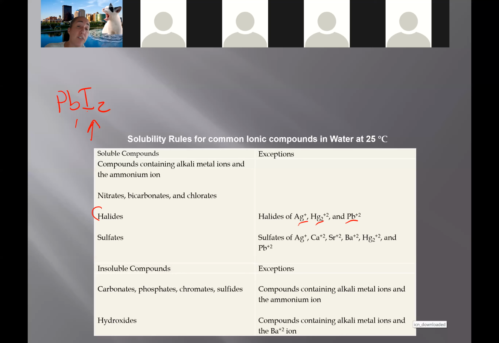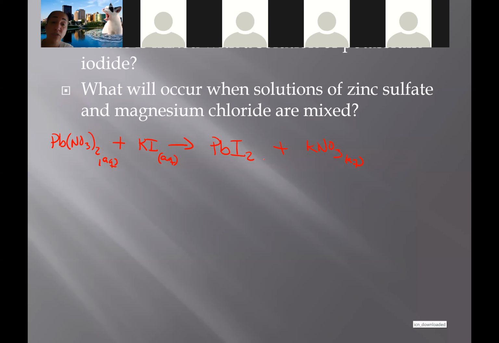Does everybody understand how to read the chart? Yes. Are you sure? Because that was confusing. Okay. So that guy is your solid. Did we balance this? No, we didn't. So can someone balance it for me?